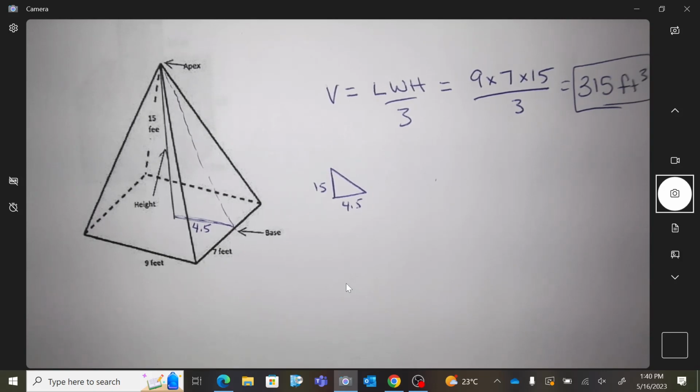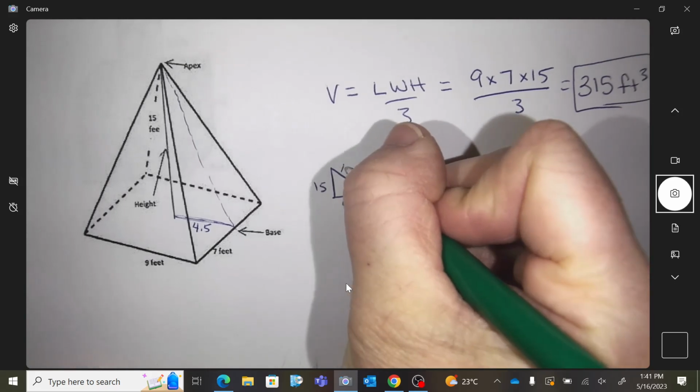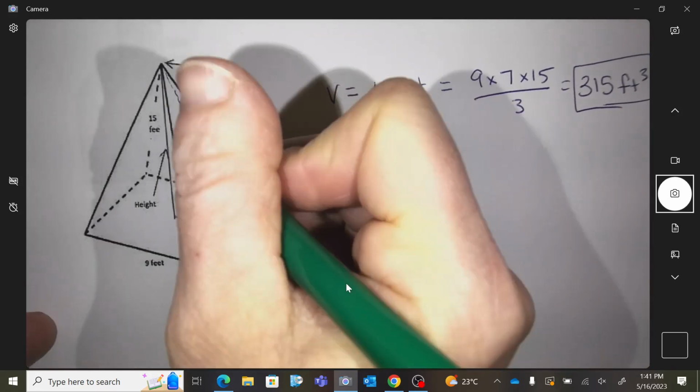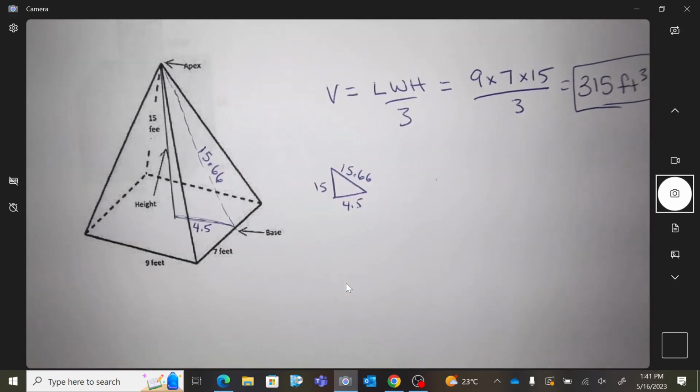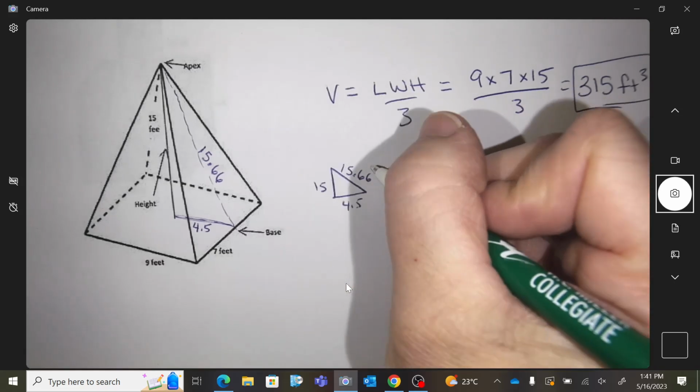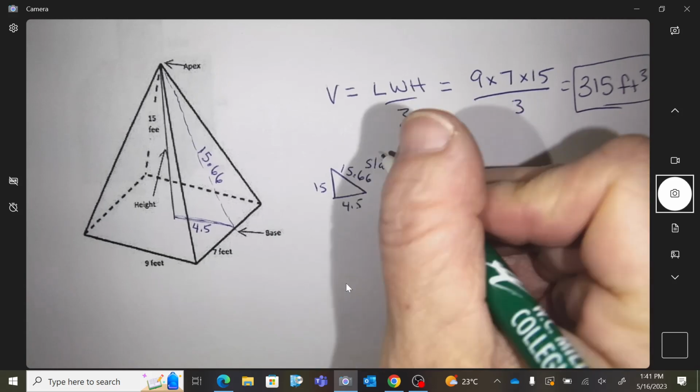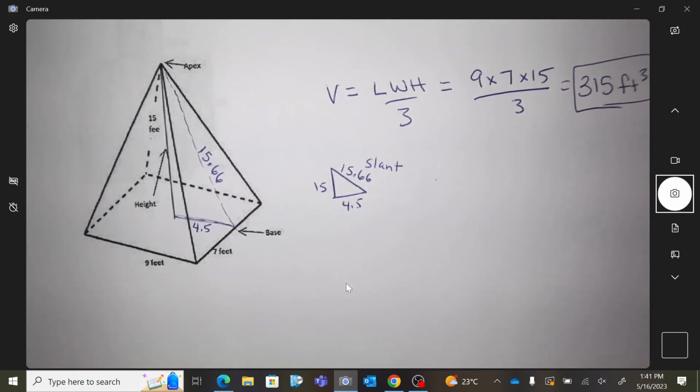To 2 decimal places, please. 15.66, anybody? That was good.